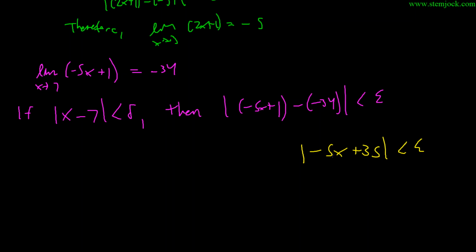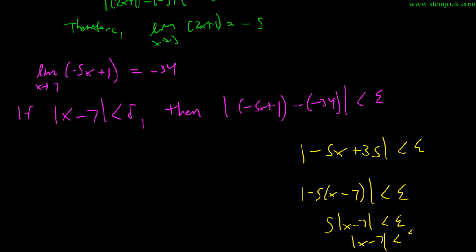I'll factor out negative 5, so negative 5 times x minus 7. The reason I'm factoring this out is so that I can make it look like what's in the antecedent: x minus 7 here, and x minus 7 there. So this is 5 times the absolute value of x minus 7 less than epsilon. Divide both sides by 5. That gives me the absolute value of x minus 7 less than epsilon over 5. Comparing the antecedent with this, I'm going to choose delta equals epsilon over 5.